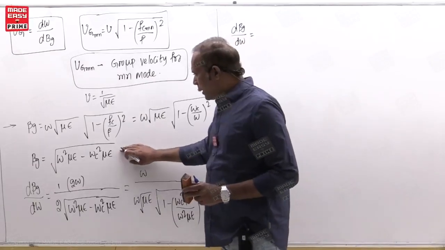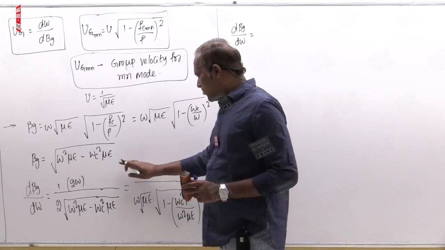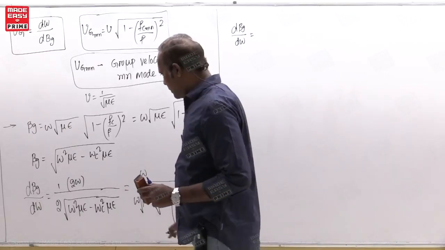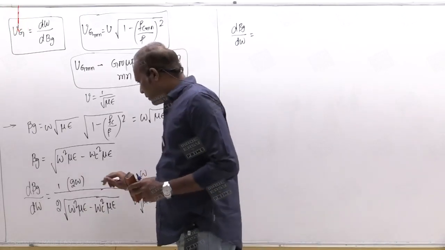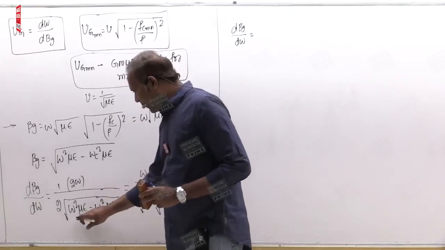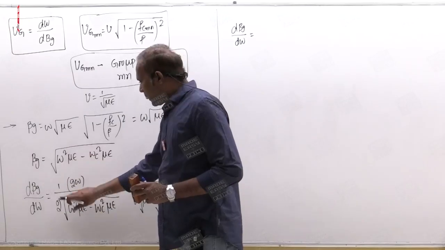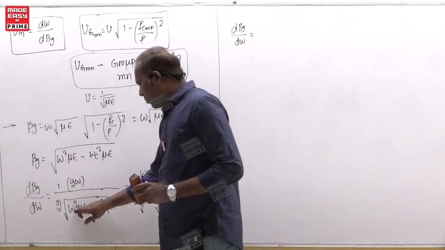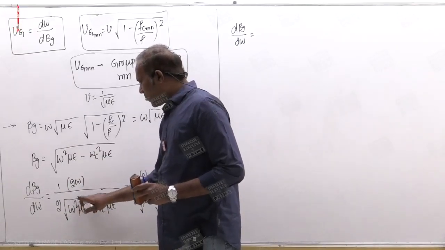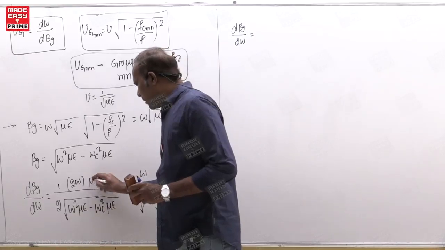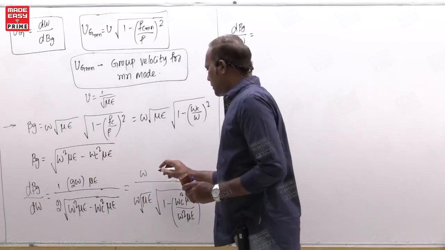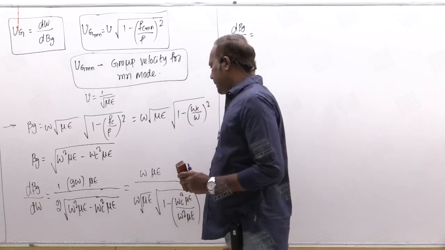So here, 1 by 2 root x. Here students, actually something is missing here. You differentiate this one, you get 1 by 2 root x. You differentiate this one, omega, d by d omega of omega square is 2 omega, and mu epsilon is also there here. That is missing here, right?